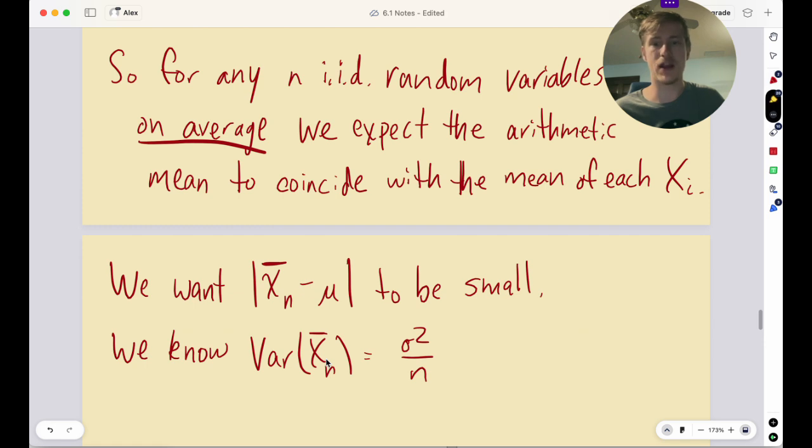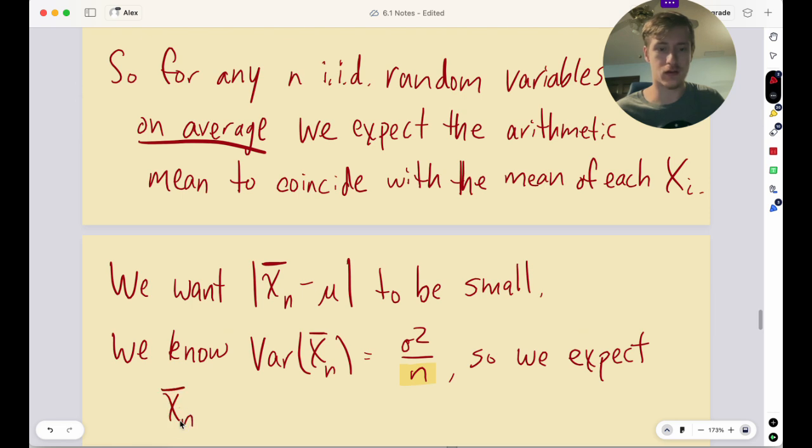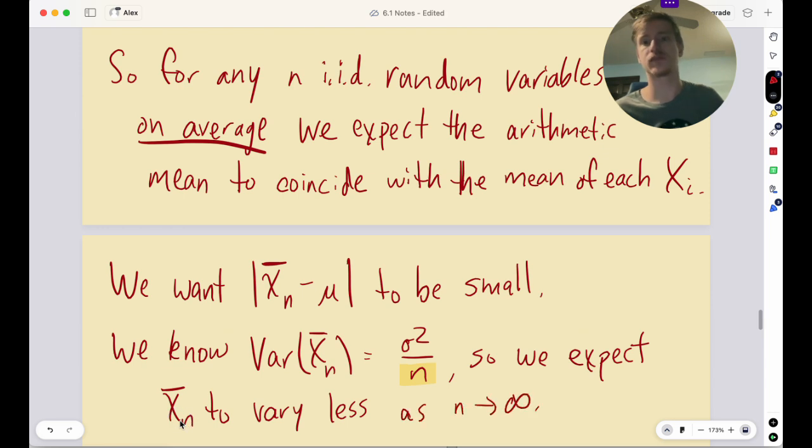And since it was proportional to 1 over n, we expect the sample mean to vary less as n gets bigger. So for really large values of n, we expect that to vary less. So that's going to play an important role.